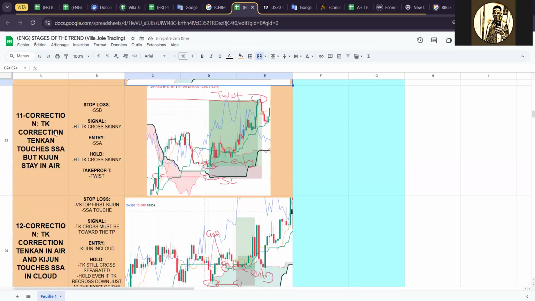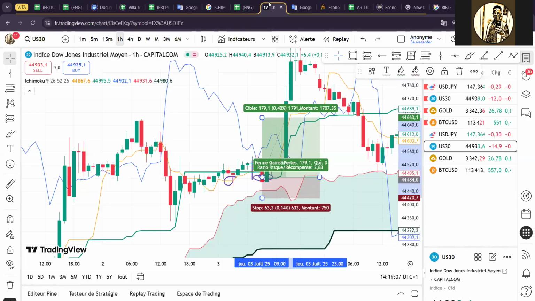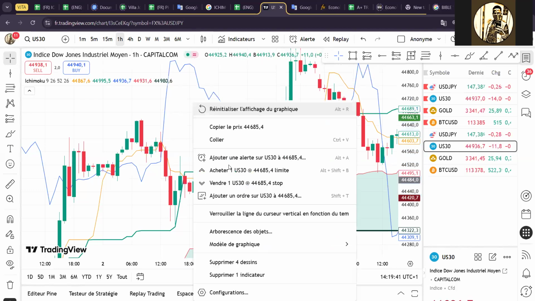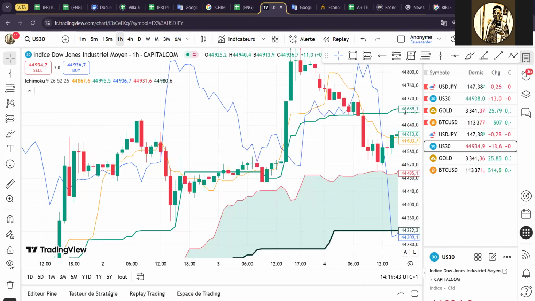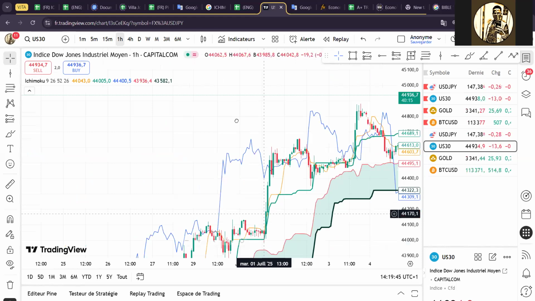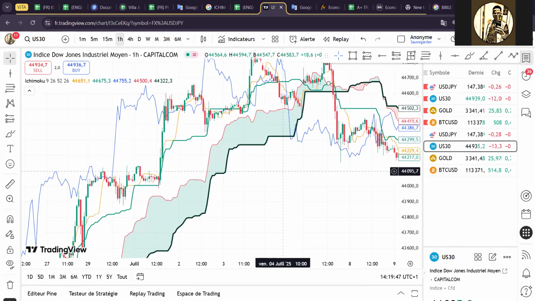The next correction is when Tenkan and Kijun are in correction, but Tenkan will touch the cloud, and Kijun will stay out of the cloud. This is the type of correction.